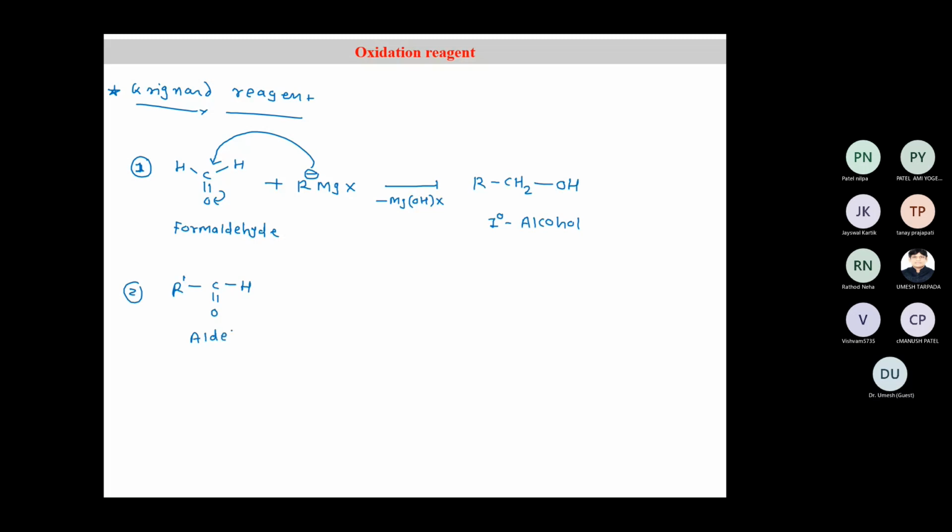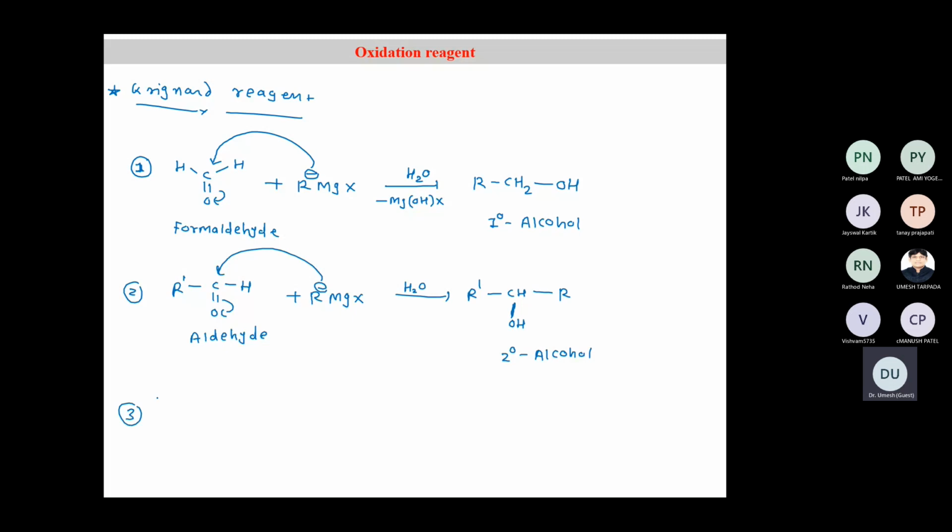On reaction with Grignard reagent, it gives secondary alcohol. Third one is ketone. The ketone on reaction with Grignard reagent gives you tertiary alcohol.